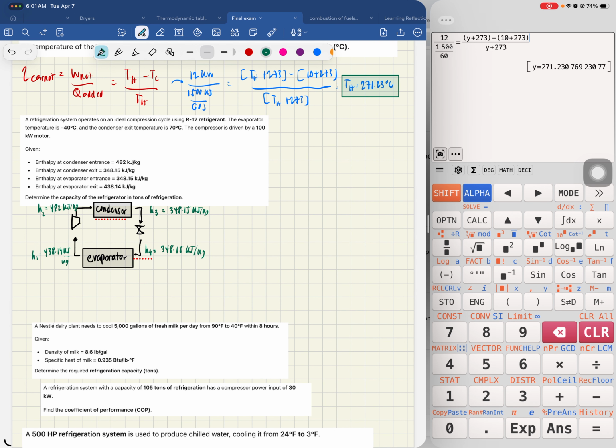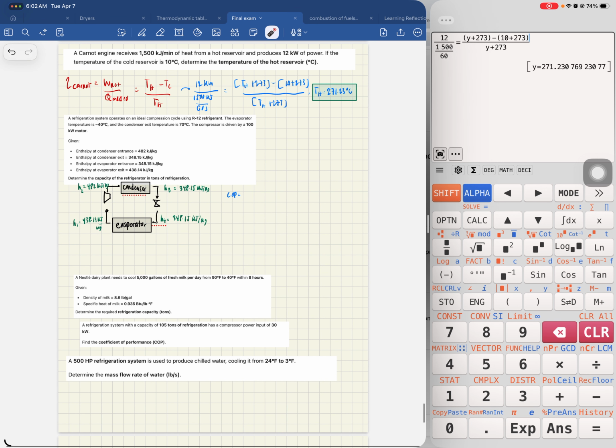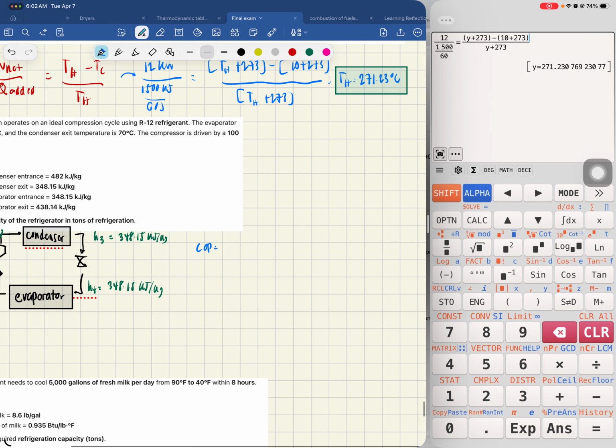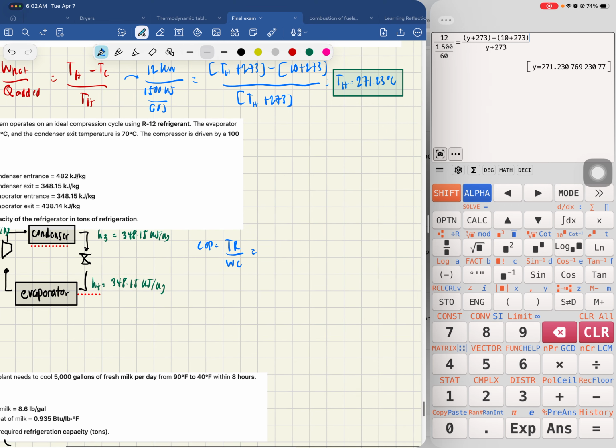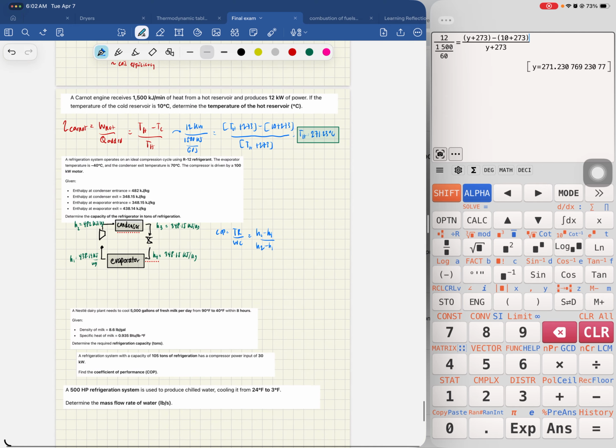It should be easy. Since we have the equation COP between the evaporator and the compressor. COP is the refrigerating effect exerted through the evaporator over the work of the compressor. So this is simply H1 minus H4 over H2 minus H1.